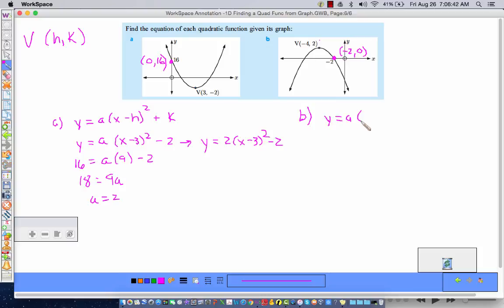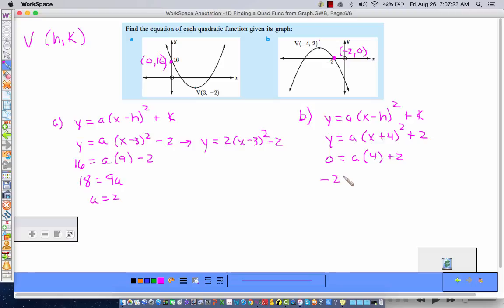Y equals a times x minus h, the quantity squared, plus k. So y is equal to a times, vertex is negative 4, x minus a negative 4 is x plus 4, the quantity squared, and k is 2. I have the point negative 2, 0, so go ahead and solve. I know that when y equals 0, x is equal to negative 2. Negative 2 plus 4 is 2, and 2 squared is 4, plus 2.